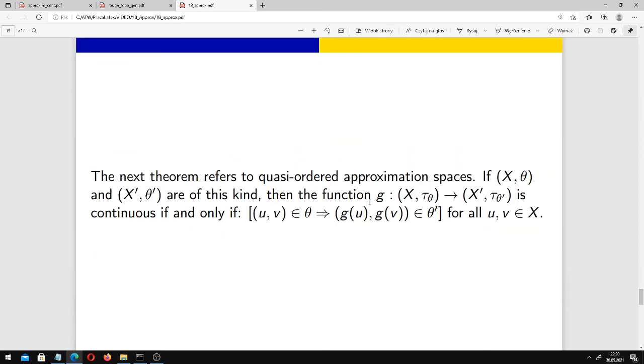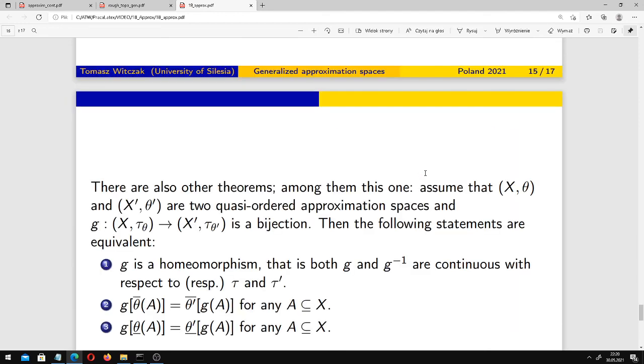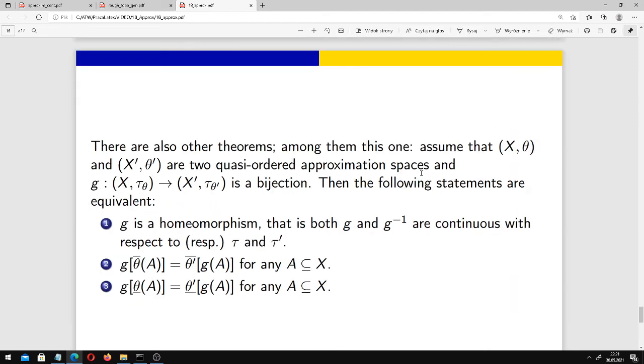And the next theorem proved by our authors refers to quasi-ordered approximation spaces. If we have two spaces of this kind, then the function g is continuous if and only if the following holds: from the fact that u and v are in relation tau, we may infer that their values g of u and g of v are in relation tau prime, for all u, v in X. There are also other theorems, among them this one.